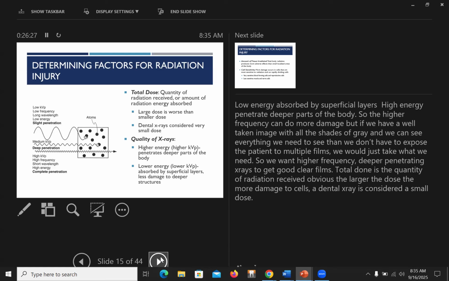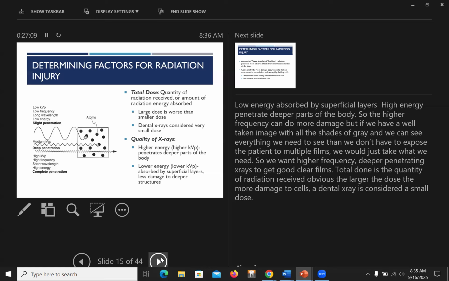A large dose in general, however, is worse than a smaller dose. That makes sense. There's more opportunity for damage, right? You just have more radiation. And dental X-rays are considered a very small dose, so we're good there. Then the quality of the X-ray, so that's why we care again about the quality. Obviously, higher energy in the X-ray photon could potentially cause more damage, but really it's a kind of a weird concept, because a higher powered X-ray photon is going to penetrate better and get the information that we want on the sensor.